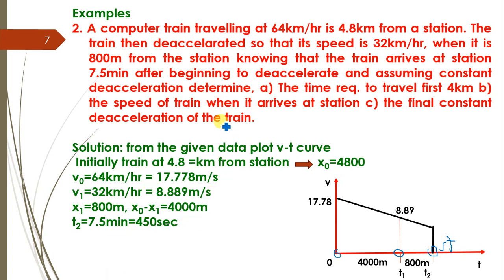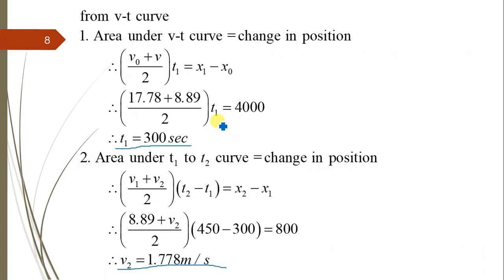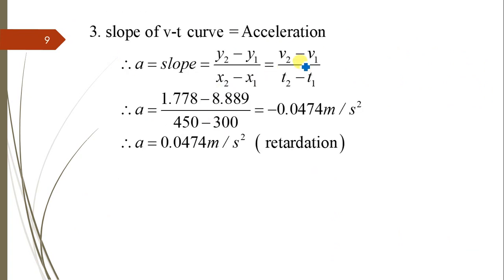The next thing asked is the final constant deceleration of the train. Now to find the acceleration, again we use the second property of the VT curve, that the slope of the VT curve is equal to acceleration. So A equals (y2 minus y1) divided by (x2 minus x1). Along the y-axis we are considering the velocity, so (v2 minus v1) divided by (t2 minus t1). So v2 minus v1 is 1.778 minus 8.889, divided by 450 minus 300.